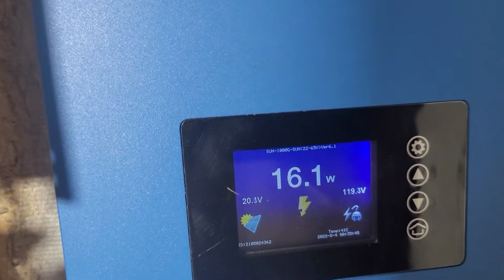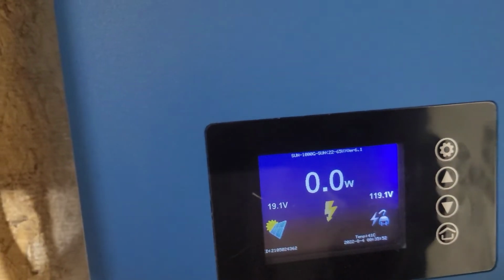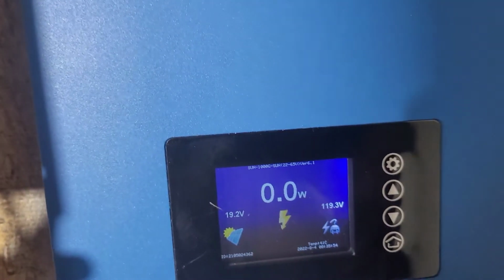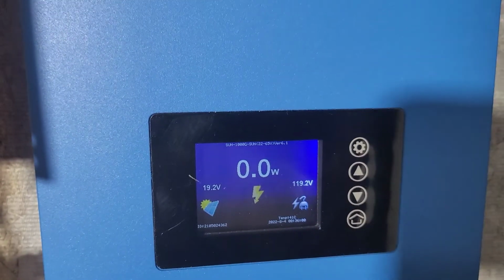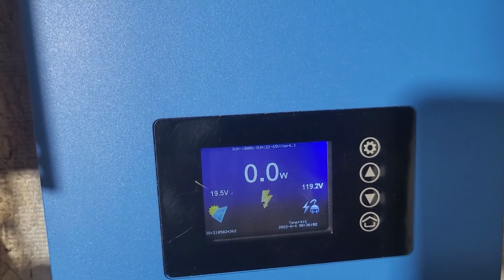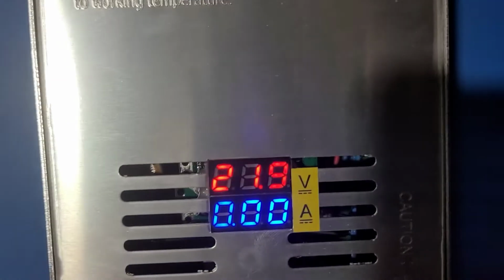A little bit more. It doesn't want to drop down. I'm turning up. There we go. And still, I don't have any amps over there or voltage. You should see this, the whole point. I'm controlling everything from there.